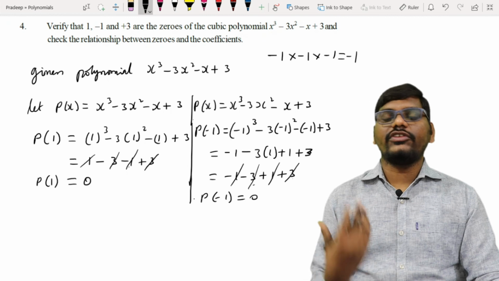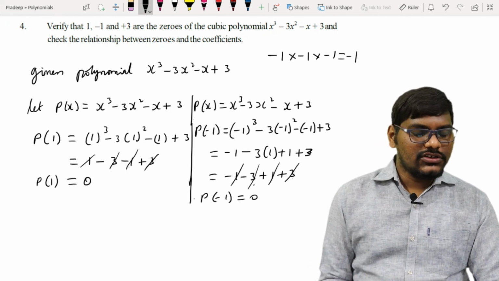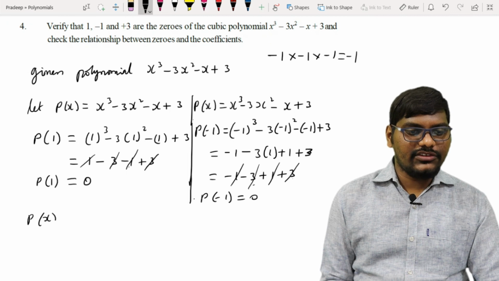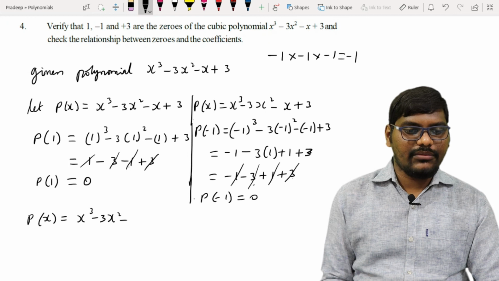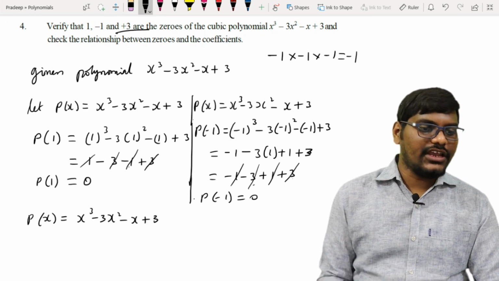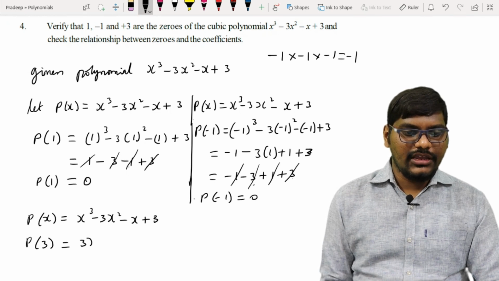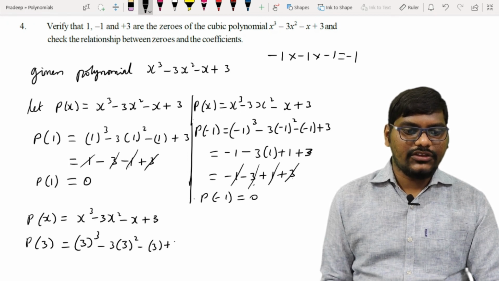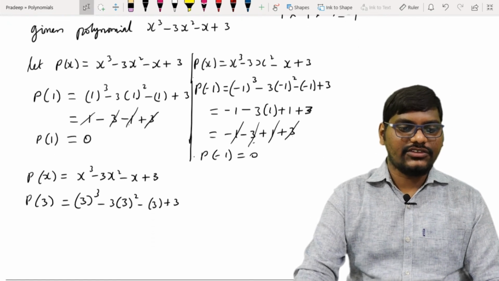So the second zero which they gave was also perfect. So let's go for the third one. The polynomial is p of x equal to x power 3 minus 3x square minus x plus 3, whereas the x value is 3, so we substitute here p of 3 equal to 3 power 3 minus 3 into 3 square minus 3 plus 3. Wherever x is there I'm substituting the value x as 3.